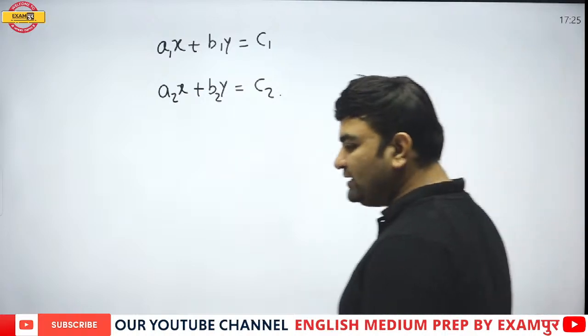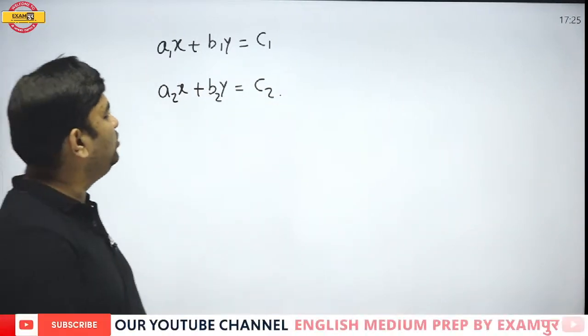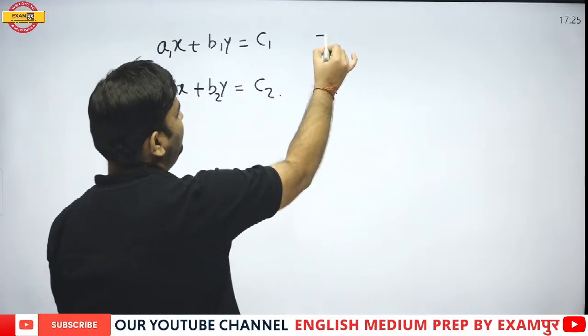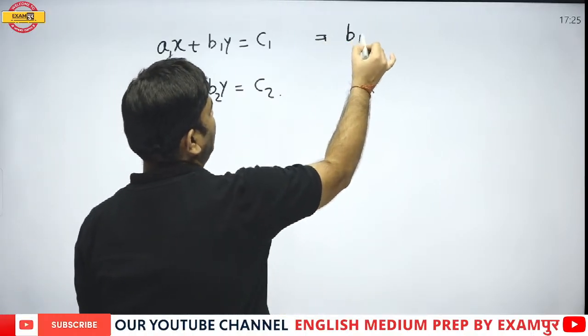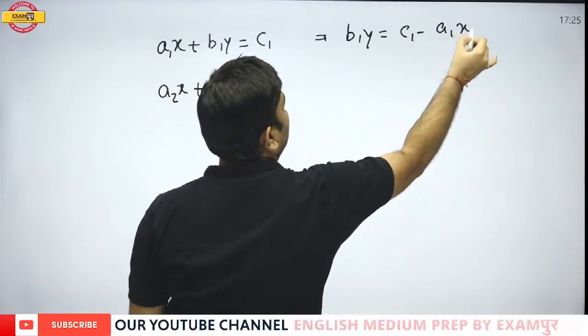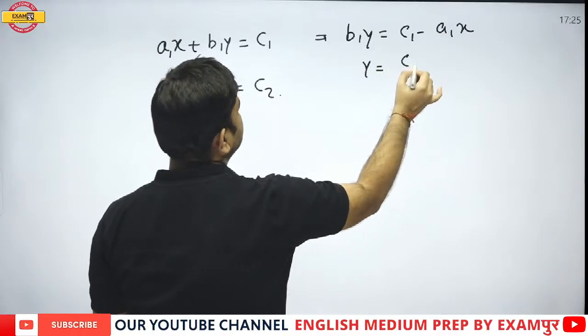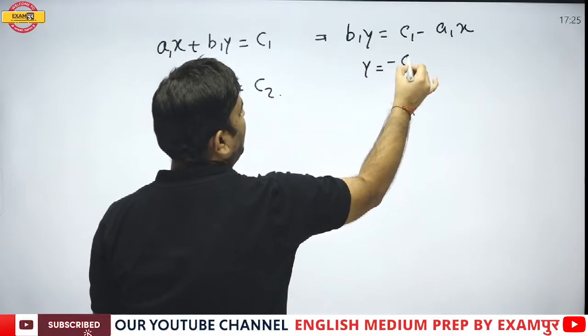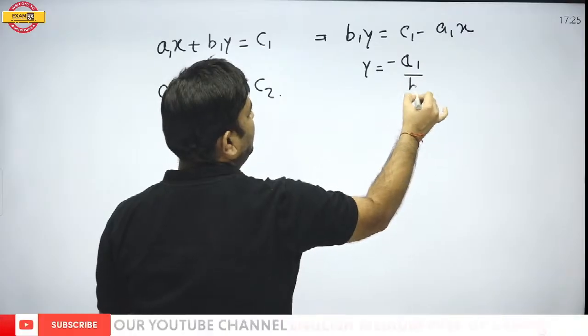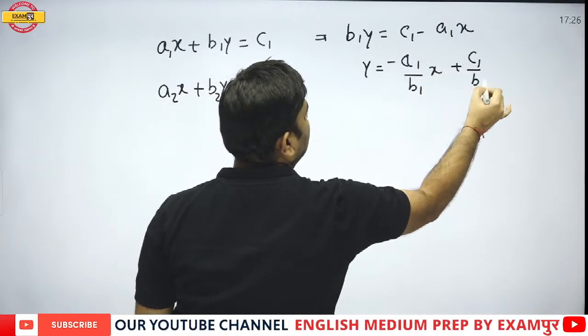You might be knowing the slope, guys. How can we find out the slope? So slope we find out in this manner: b1y is equal to c1 minus a1x, or y is equal to minus a1 upon b1 x plus c1 upon b1.